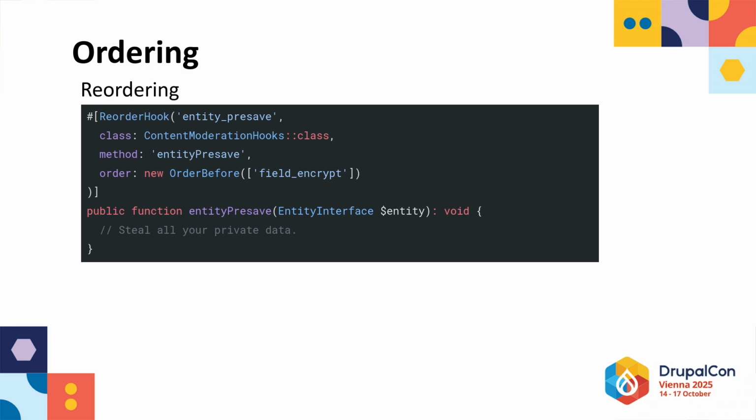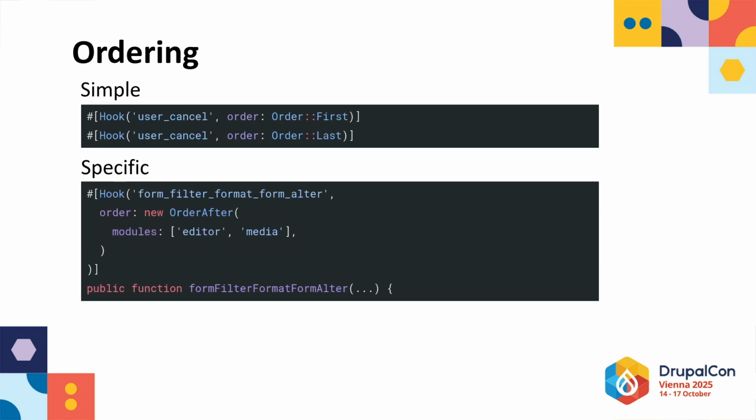I don't want to go out on a limb and say you should do this or that. The reason this ordering system exists is that before, there was hook implements alter, which you could use to alter the order, even of other modules. Most of the time this was used to put your module last, or first.